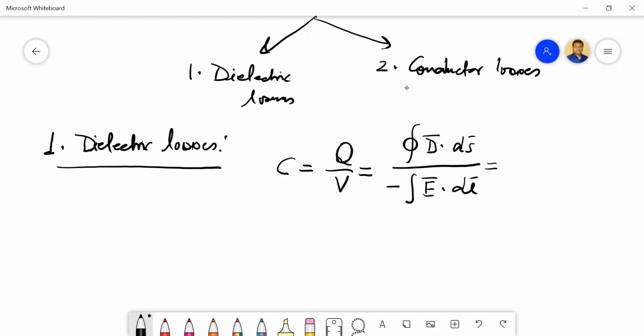Or we can also express the numerator as epsilon E dot dS. Fine.